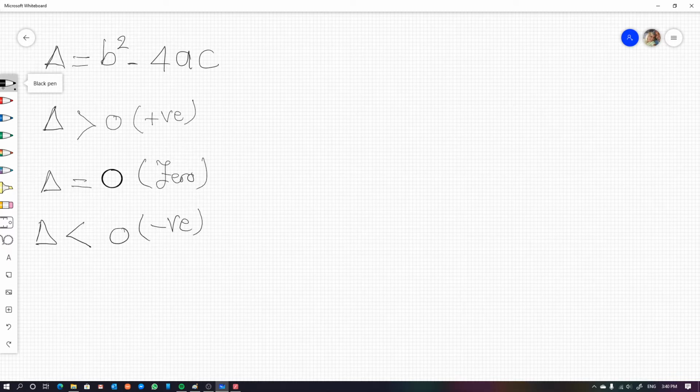In the case where the discriminant is bigger than 0, we could say that this equation has two real roots. Roots mean the solutions.